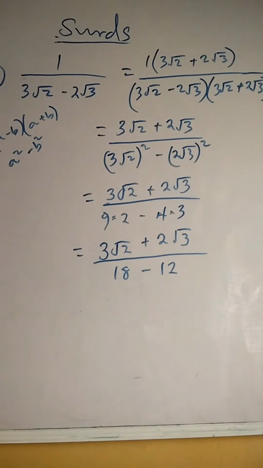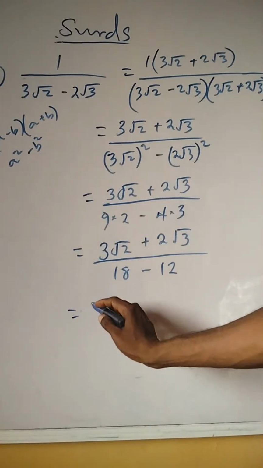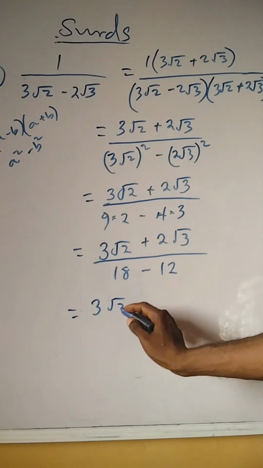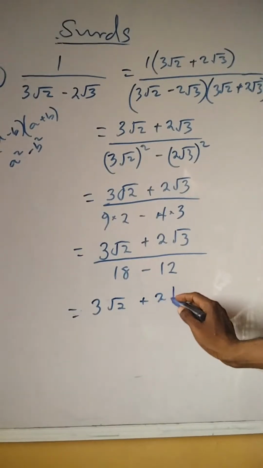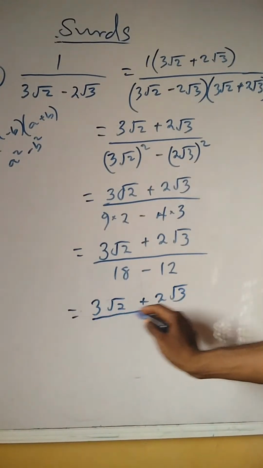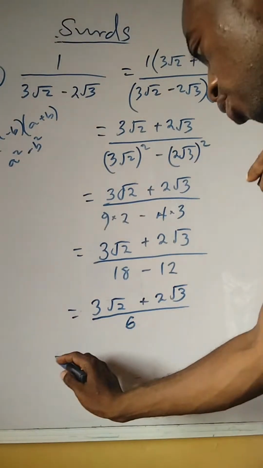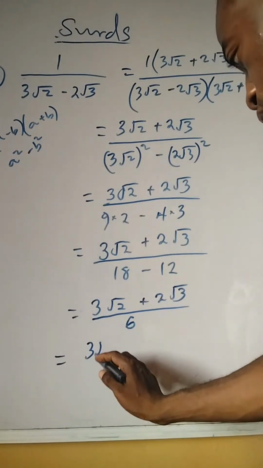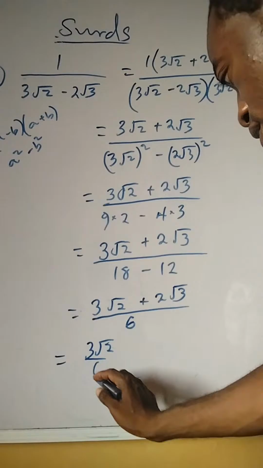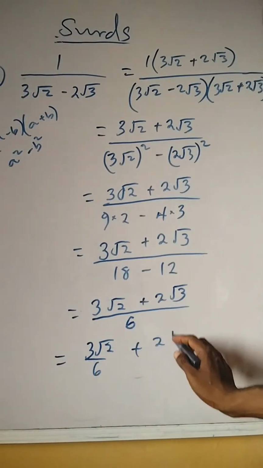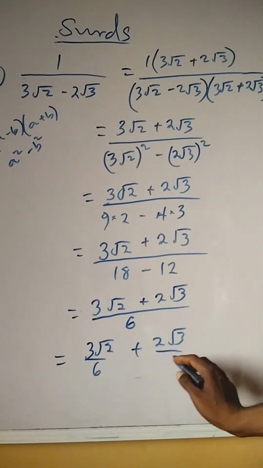And also we have 3 root 2 plus 2 root 3 divided by 18 minus 12, that's 6. Then we can also separate this now into two fractions. And then this becomes 3 root 2 over 6 plus 2 root 3 over 6.